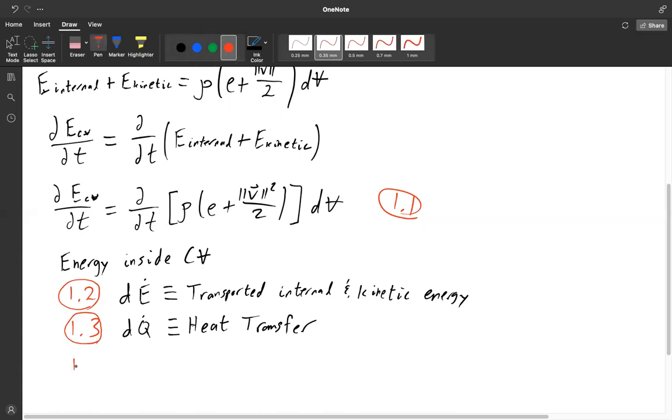Say that 1.4 is the energy in the compressive, normal, and shear stresses.